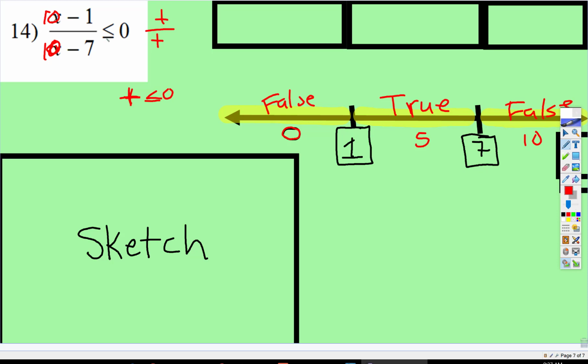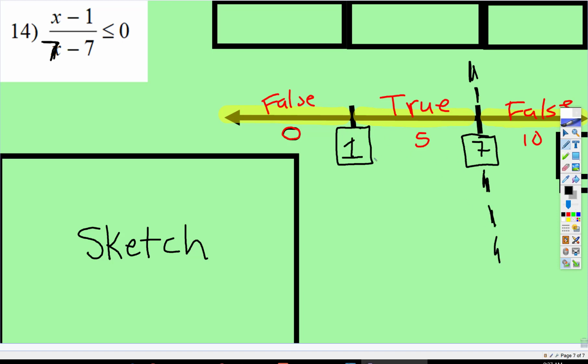So normally, because of that solid line, you'd get square brackets. But remember, when it's a rational equation or inequality, whatever zeroes out the denominator, so positive 7, at positive 7, there's a vertical asymptote. Well, you can't touch a vertical asymptote.